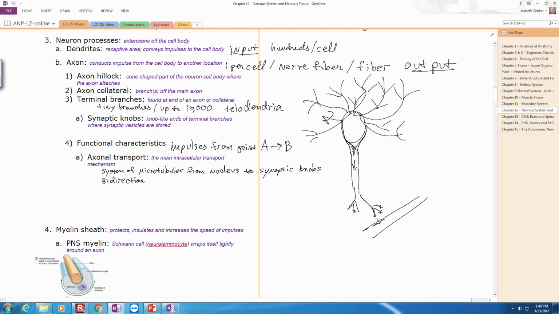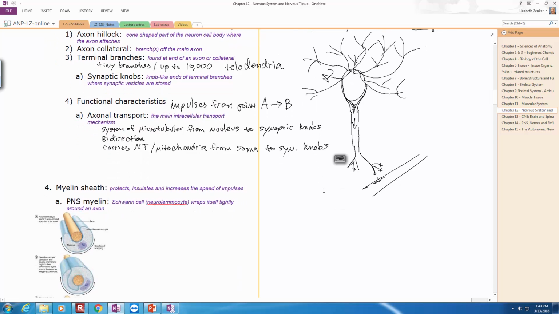And it carries neurotransmitter, NT for neurotransmitter, and mitochondria from the soma to synaptic knobs. And the other thing is, this is where I say it can not always be good.